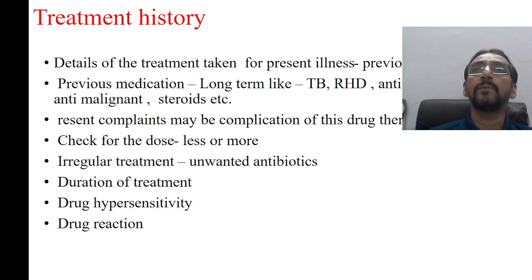Then familial disorders and familial tendencies have to be identified. In family history you can also include family income, but usually we include that in the socio-economic status, therefore there is no need of that. So this is all about family history.